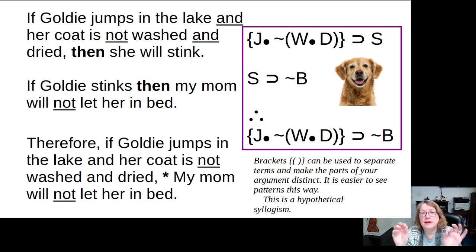So in a hypothetical syllogism, because we've concluded that all this leads to not B, we are summarizing it in the therefore. The first antecedent will lead, through logical thinking, the process, eventually to her not being able to get in bed with Mom.